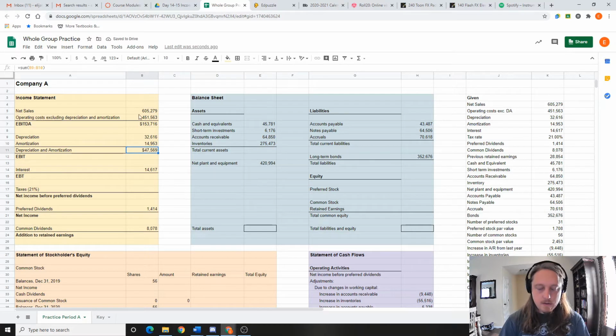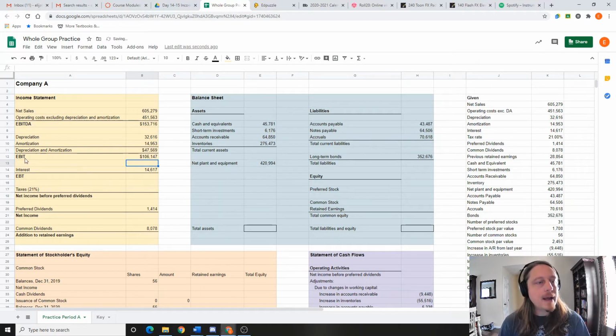Or you can do old-fashioned, this plus this, same amount. Okay, so we had $47,000 in depreciation and amortization. We're going to take that out of our EBITDA. So this is going to be equal to our earnings minus the depreciation and amortization.